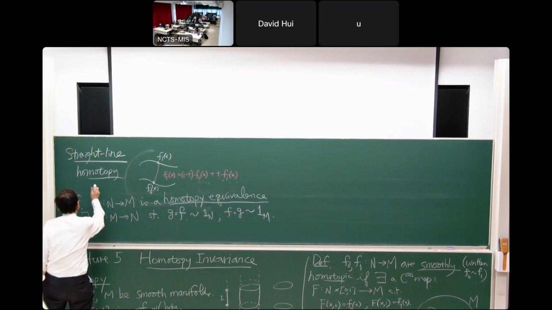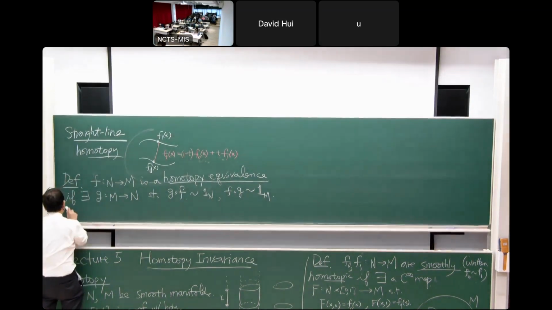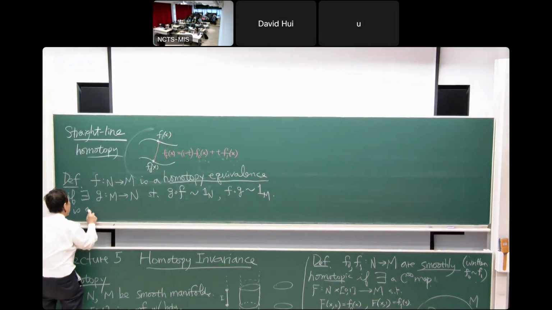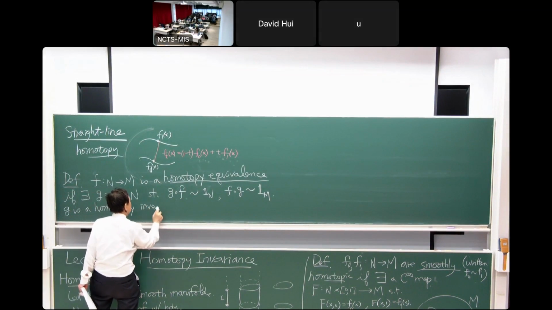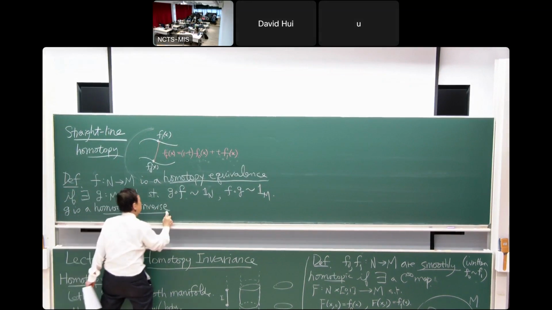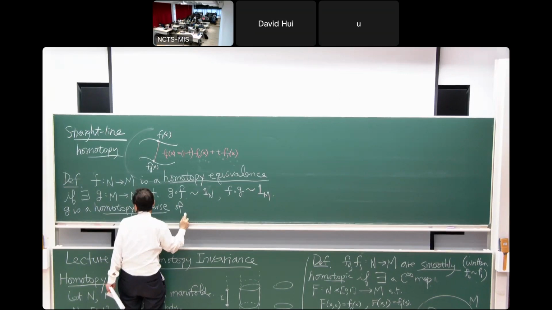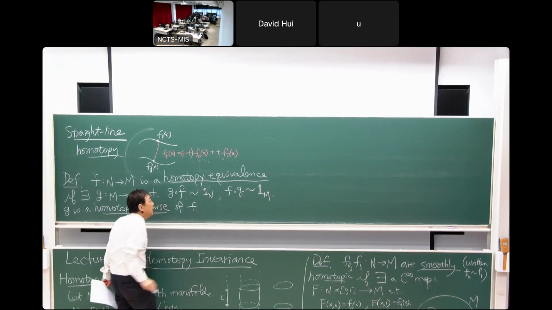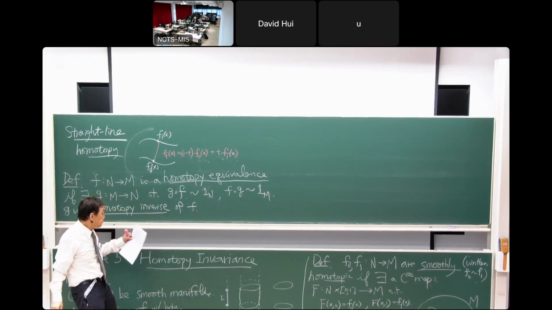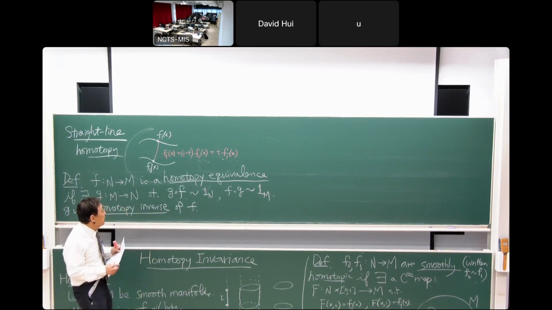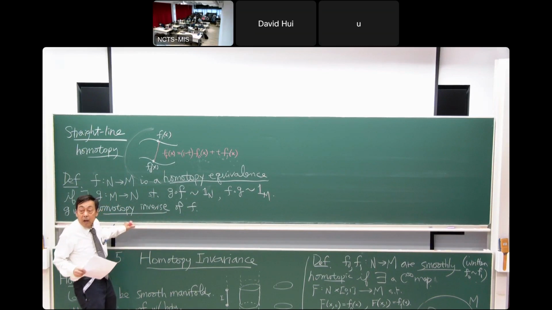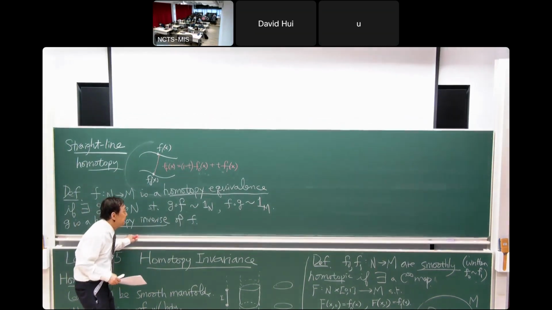Then G is called the homotopy inverse, or a homotopy inverse of F. And the two spaces are said to be homotopy equivalent if there's a homotopy equivalence between them.